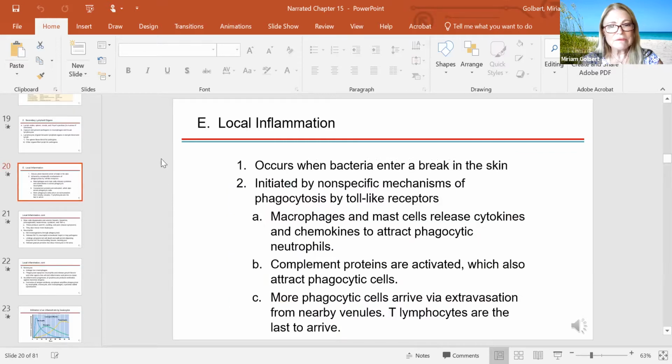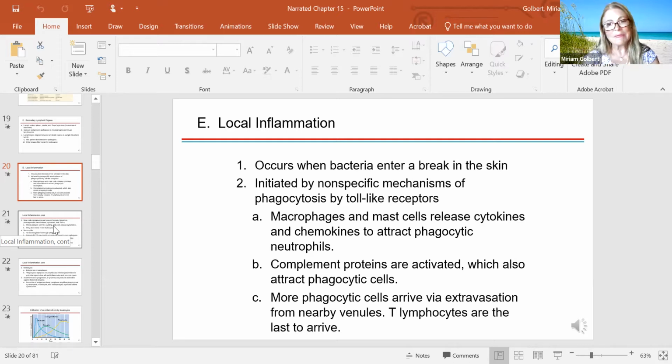So local inflammation, and this will be a question in your exam, number 4. What are the steps in local inflammation? So obviously, first thing that happens is that bacteria needs to enter the skin. Somehow, intact skin is very highly protected.